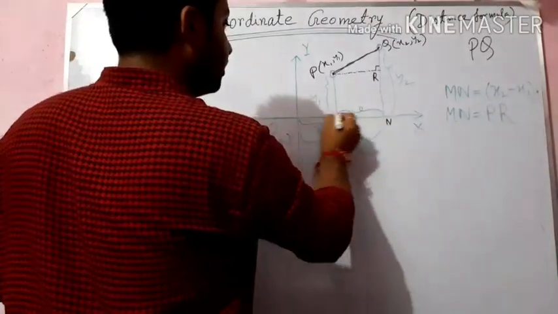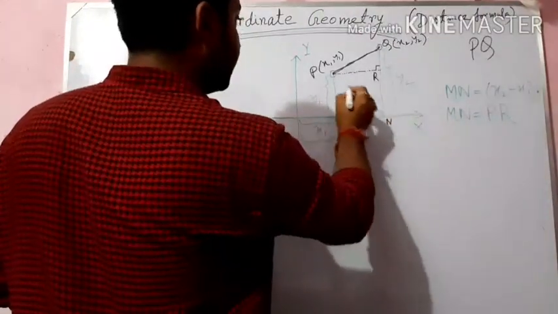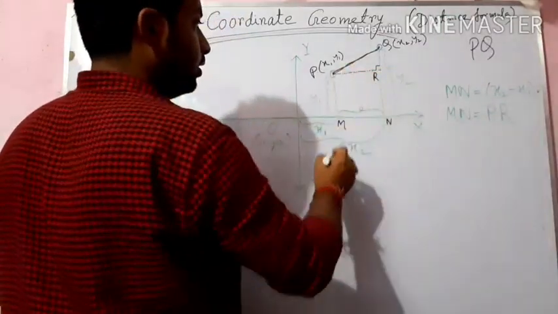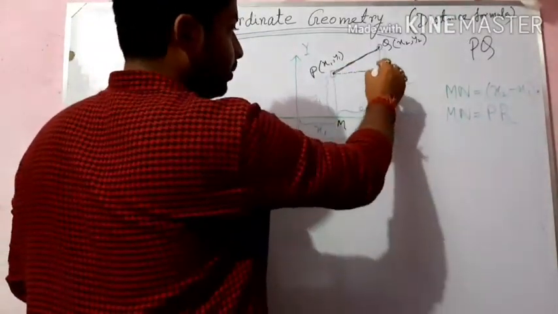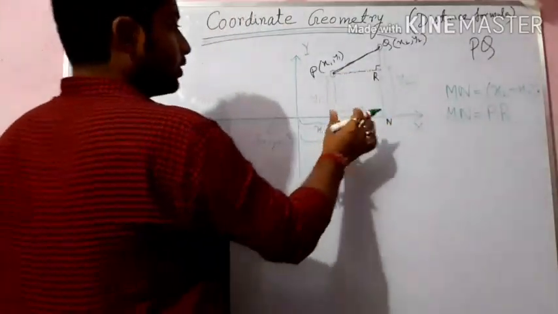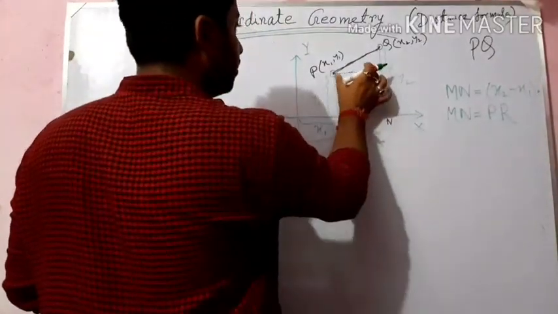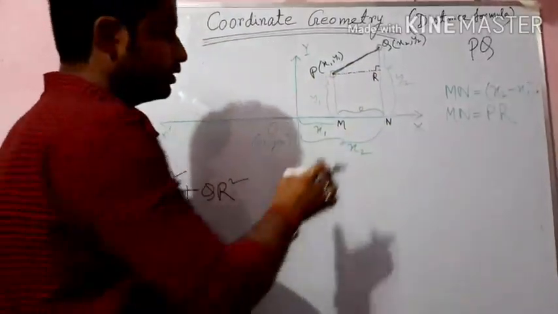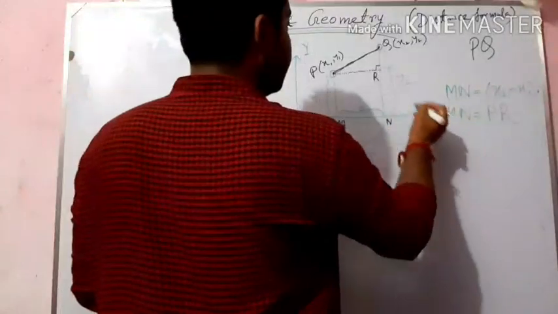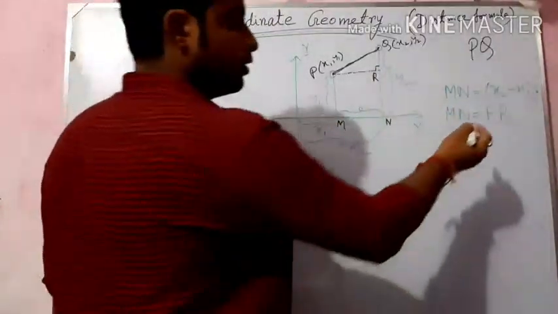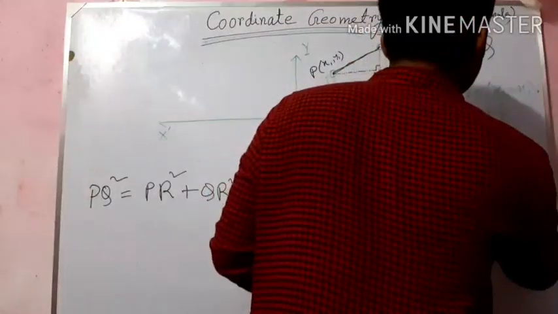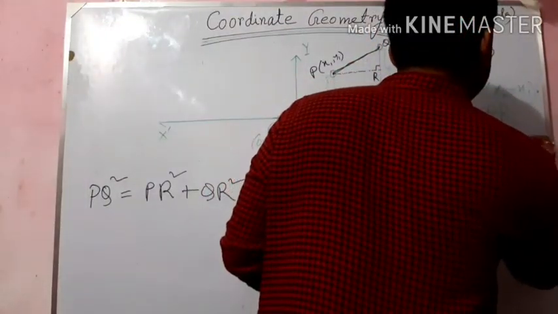And this line, the positive x-axis, and the drawn line PR is parallel, and these two lines are perpendicular on these two lines. So this line and this line will be of equal length, so I can write MN equals to PR. Okay, so we got the value of PR, that is x2 minus x1.